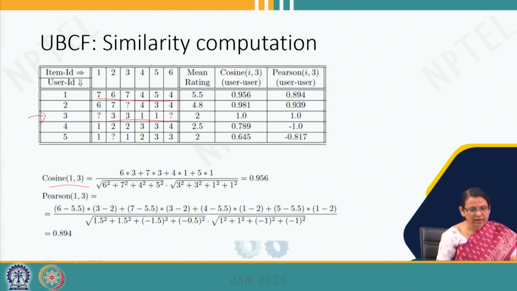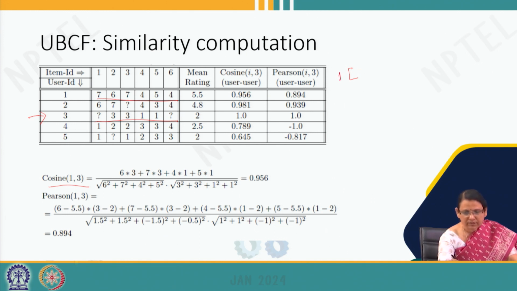Now, if you look, user 1 has rated all the items, but user 3 has rated only 4 items. Therefore, while computing the similarity using any of the methods, it is a basic requirement that both the vectors are of the same length. So, what are the vectors?